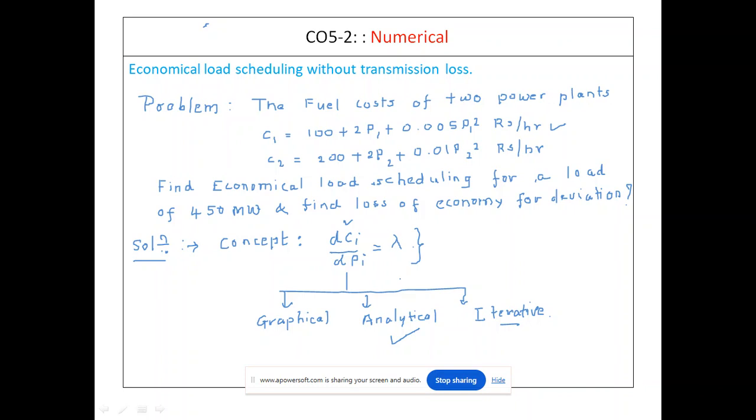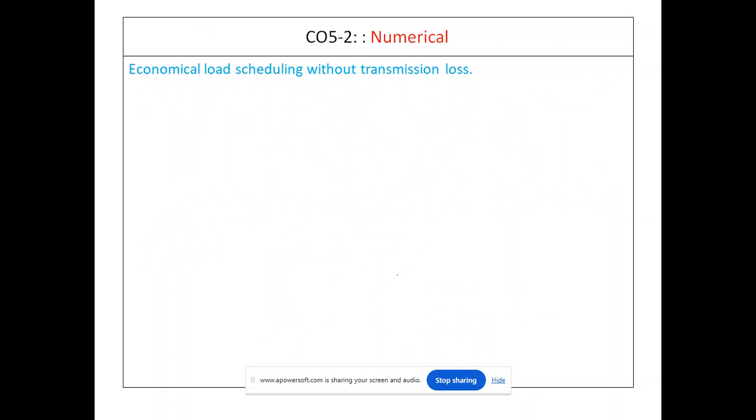Now let us start our solution. First let us find the incremental cost. C1 is given, so let us differentiate to find the incremental cost of plant P1.